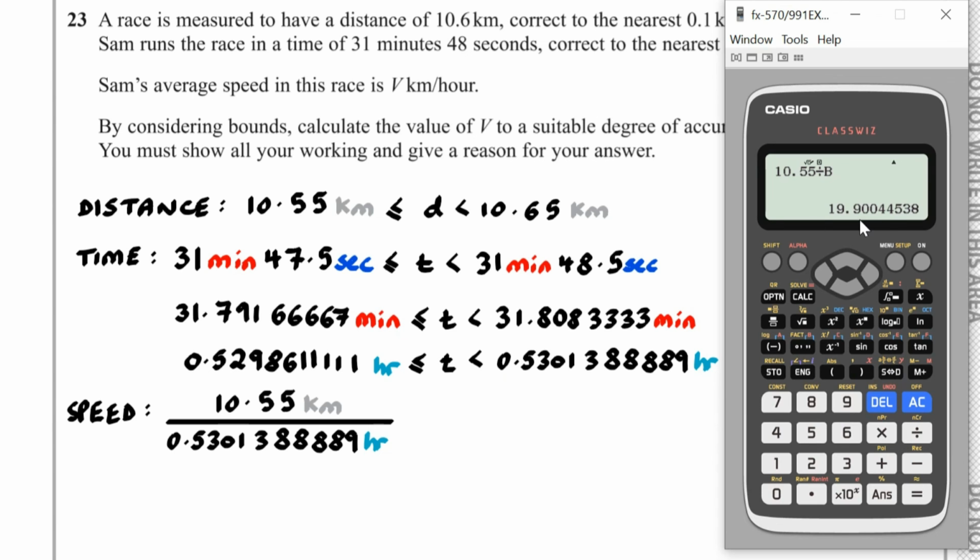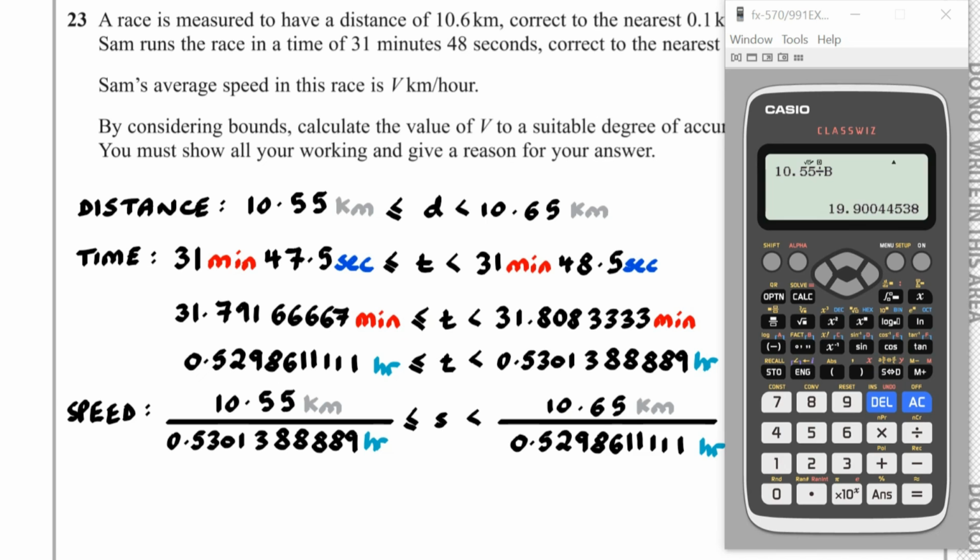So I get 19.900445538. And for my upper bound, I've got the upper bound of the distance divided by the lower bound of the time, as we see here. So here is the lower bound of the speed, 19.90 etc.